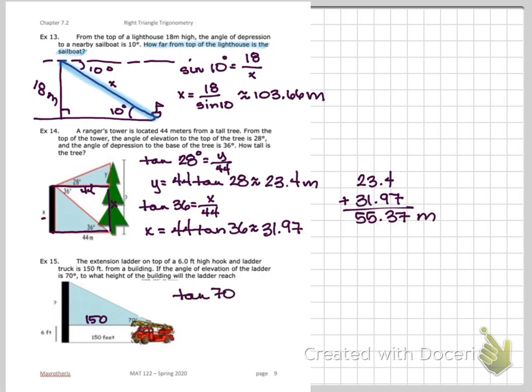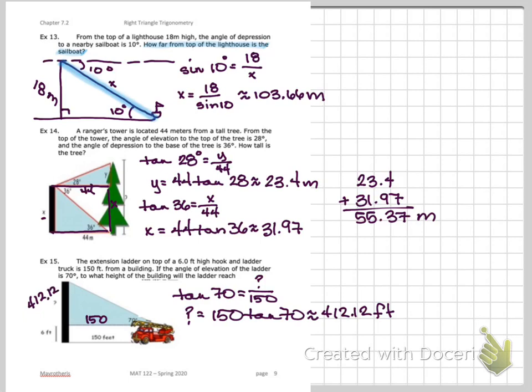We've got the tangent of 70. Tangent is opposite over adjacent. So our height is 150 times the tangent of 70. That's the height from the truck. We get 412.12 feet. We're going to make sure we have a correct label. So this part right here is 412.12.